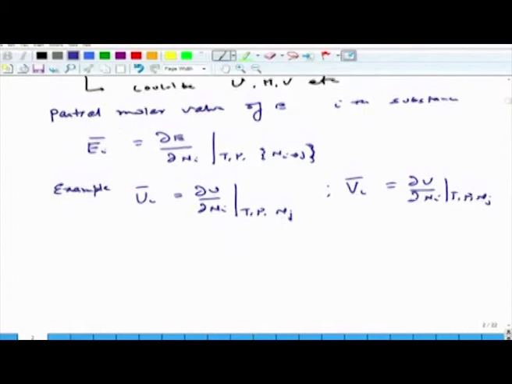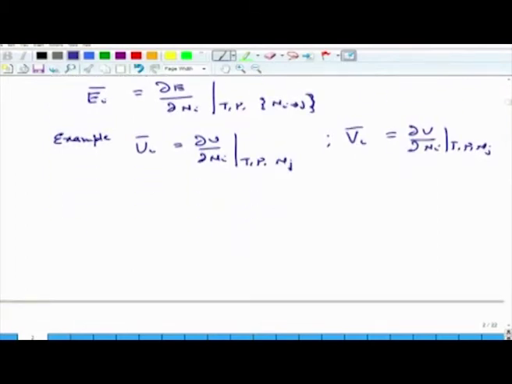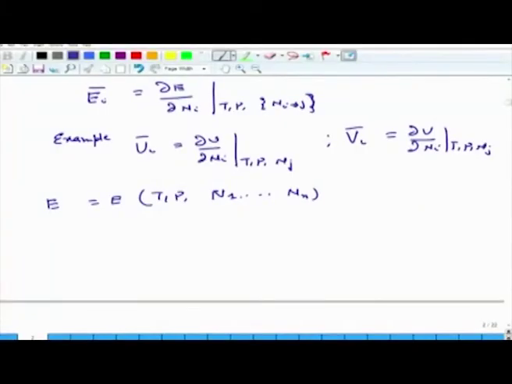What I am trying to do with this definition is to write the expression for E, which is a function of T, P, n1 till nN, and come up with a generic differential form. We will show that you can also obtain the generic expression we got in differential form for other known thermodynamic functions, for any extensive property.